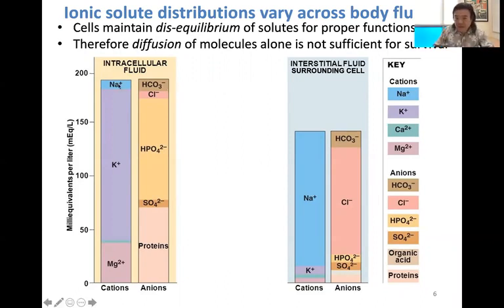I think most notably, look at this. Inside of your cells, the intracellular fluid, you have a lot of potassium, but relatively little sodium, right? Compared to just on the other side of the cell membrane, outside of the cell in the interstitial fluid, it's the opposite. You have high levels of sodium and low levels of potassium, right?